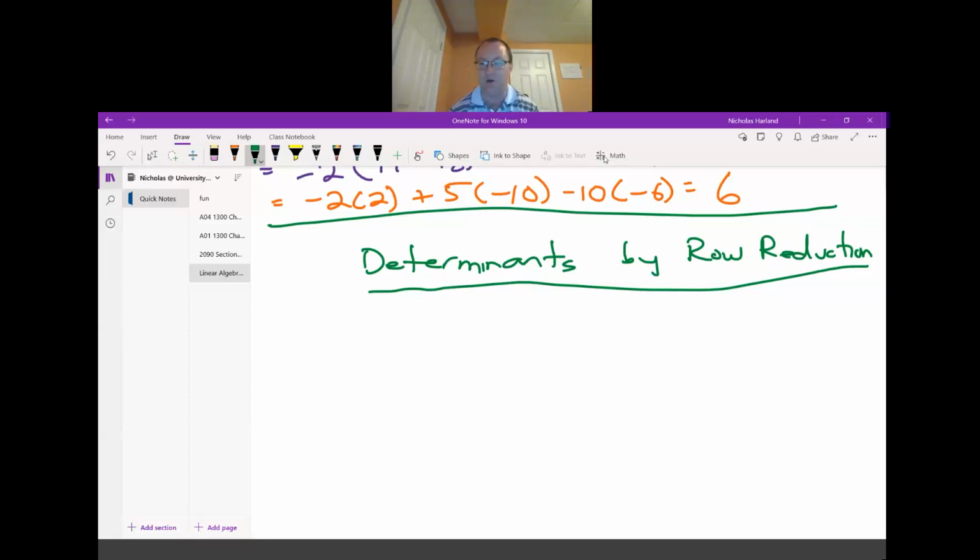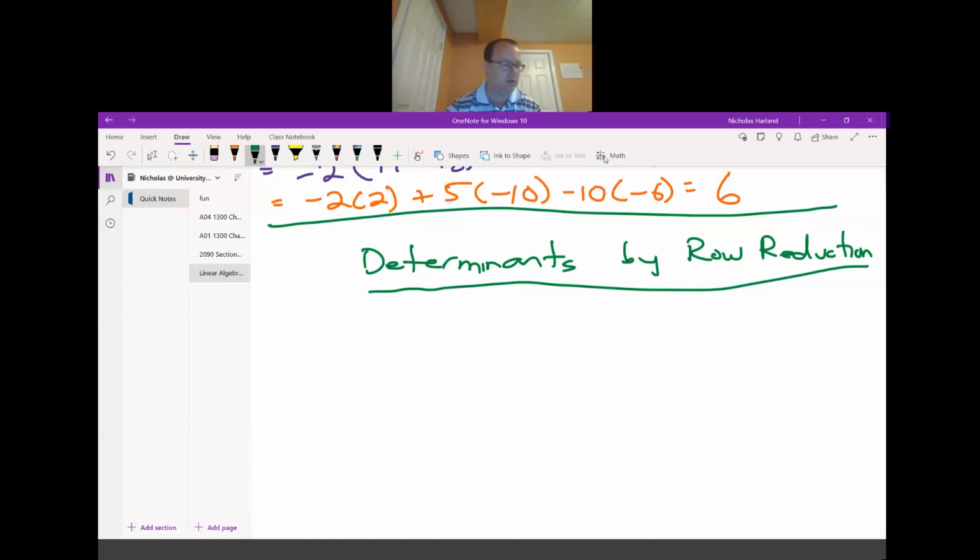You don't have to find the cofactor if it's being multiplied by a zero, for example. So here we're going to talk about what row operations we can do, and if we change the matrix with a row operation, what, if anything, does that do to the determinant?